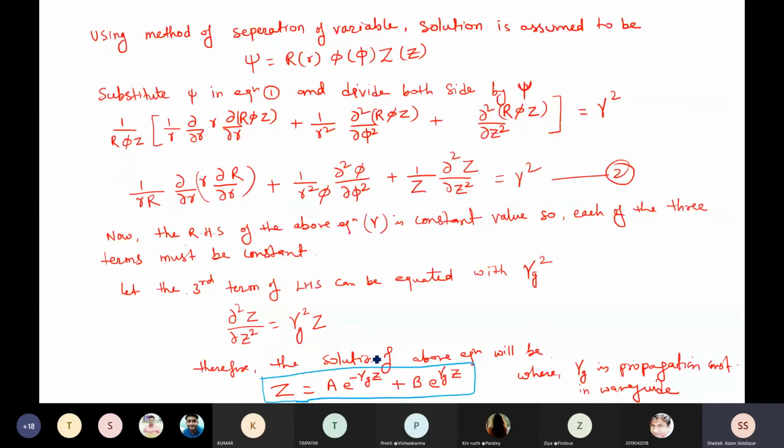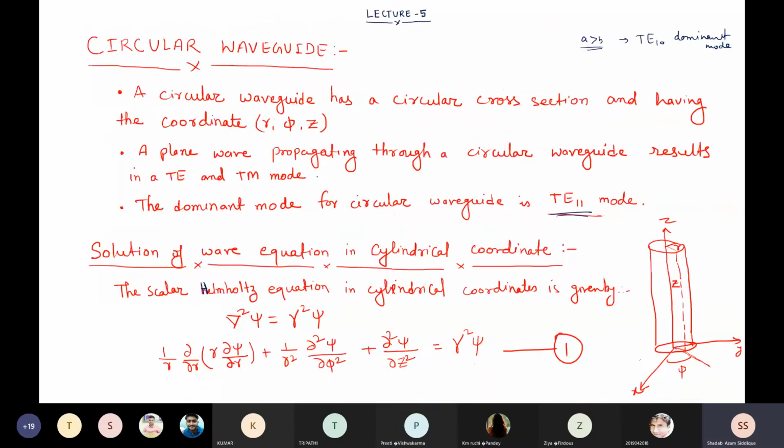We cannot find the solution directly by solving these equations mathematically without knowing the psi value, because we don't know the different parameters given here, such as gamma square and r.